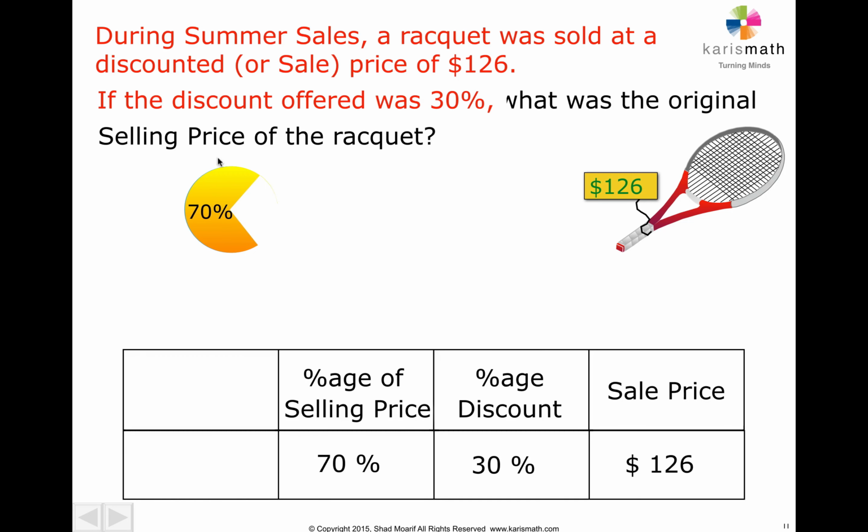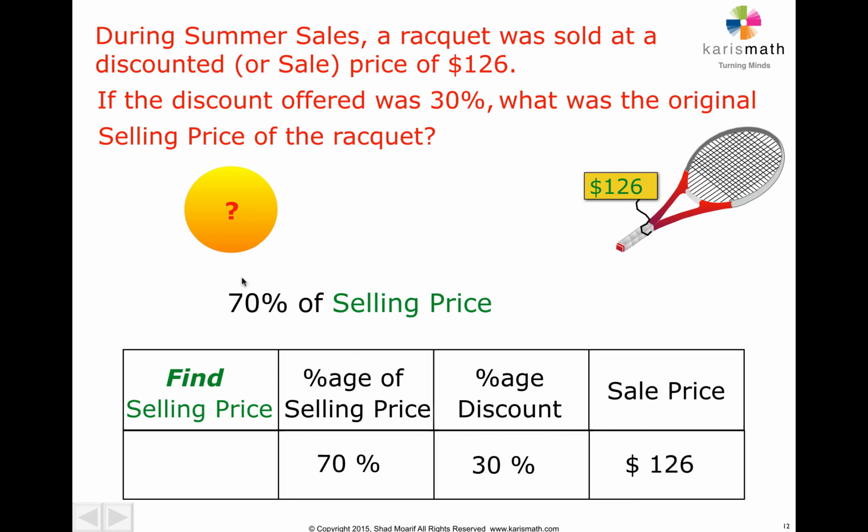So this is 70%. So we can find the original selling price by simply finding out what is 70% of the selling price. And we know that 70% of the selling price is $126. Now that we know that, we can put the value over there. We can find the whole selling price if we put this as 126, times 0.7.